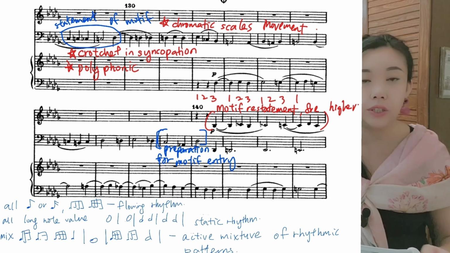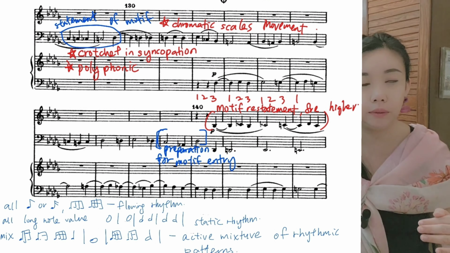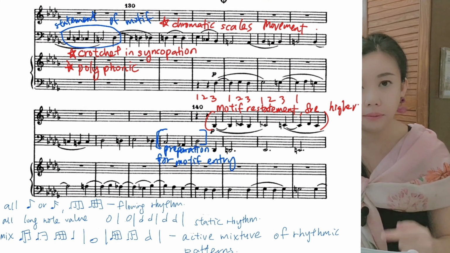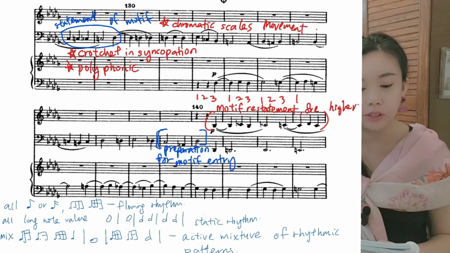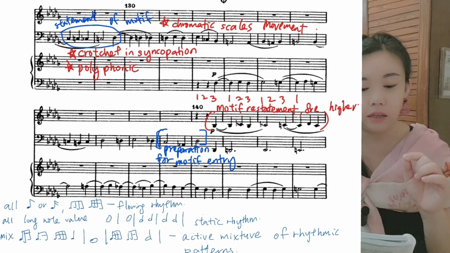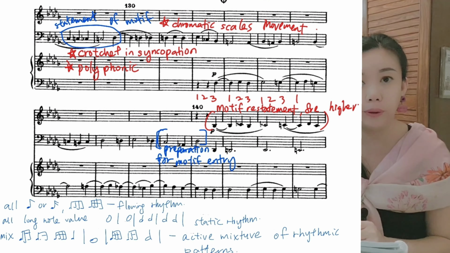Unlike the previous section, where you do see melody and accompaniment, which is homophonic texture, over here you don't see any accompaniment. So it's mainly in polyphonic texture. And in terms of melodic line, it's mainly moving in chromatic scale movement.